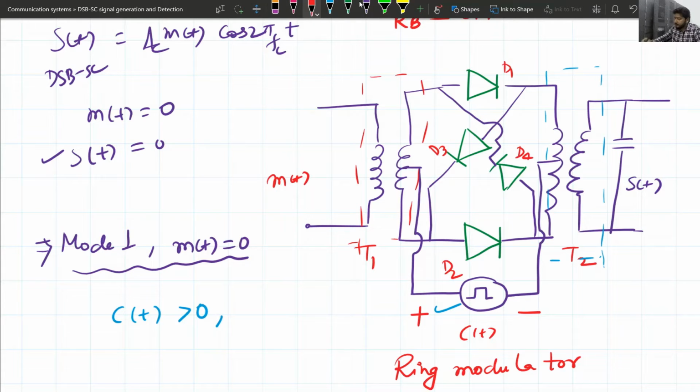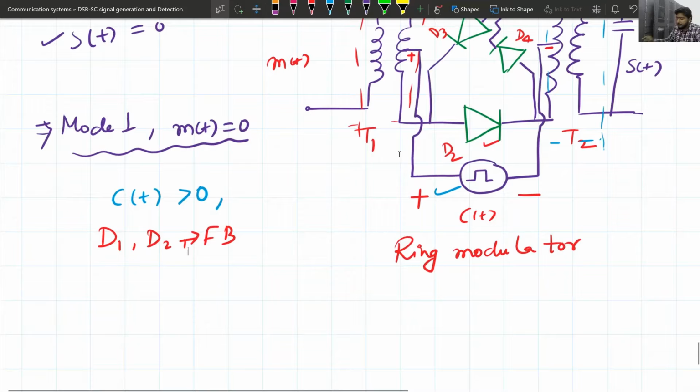In that case, D1 and D2 will be forward biased, and the diodes D3, D4 will be reverse biased.